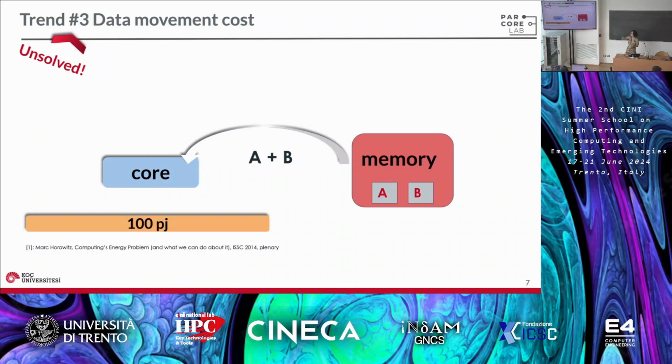In all this process, you consume 100 picojoules if this is L2 cache. But only 1 picojoule is actually spent in the arithmetic logic unit doing the addition, and the rest of the energy is consumed transferring the data in the control path. So the data path and control path consume a great amount of energy.